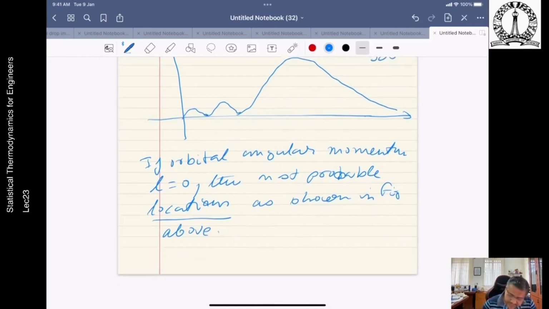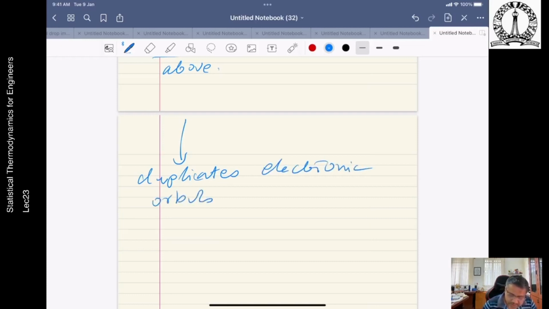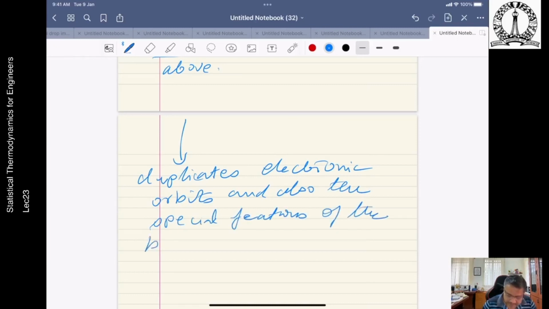Now this has a particular charm. It duplicates the electronic orbits and the basic spectral features of the spectrum as suggested by the Bohr model.